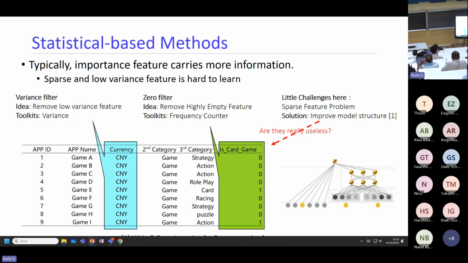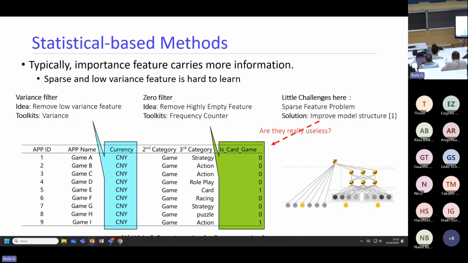For example, if our task is predicting whether this user likes car games, the car game feature is very important. So we want to use it, even with this sparse value, in our model, but this is hard to learn for a simple neural network because it contains many non-informative values. So we can design some specific model structure for this.